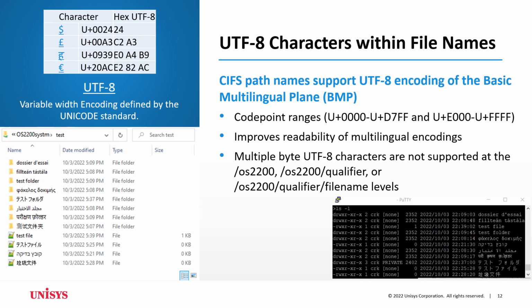See the lower right-hand corner for an example of a CIFS utility ls-l command performed on the same directory from PuTTY. Use multiple byte UTF-8 characters beyond the qualifier style file name level or outside of the /OS2200 directory.